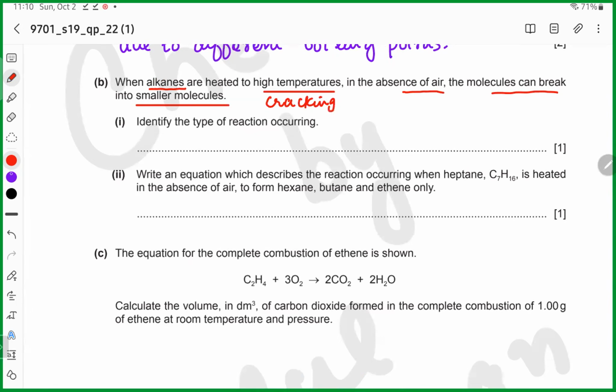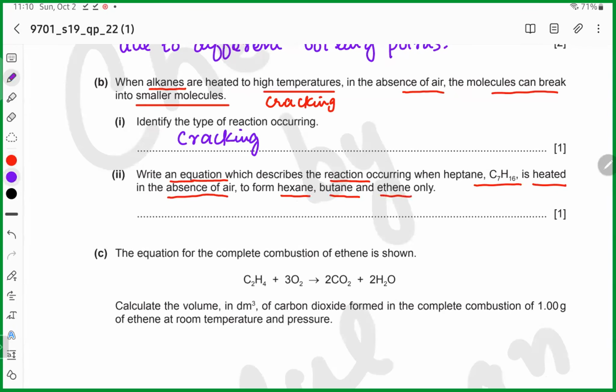Identify the type of reaction. So it's cracking. Then write an equation which describes the reaction occurring when heptane is heated in the absence of air to form hexane, butane, and ethene only.